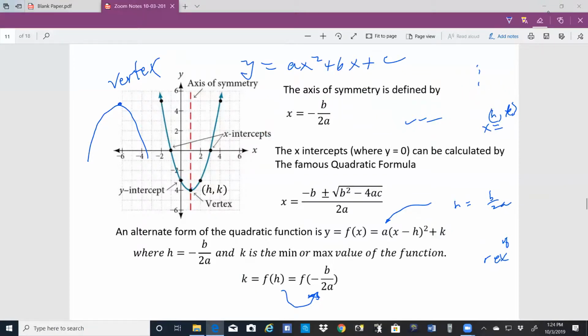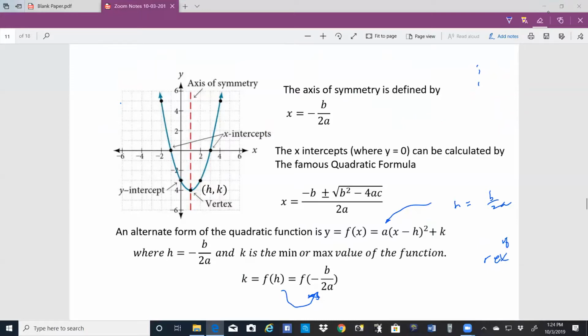The other thing, how many have heard of the quadratic formula? Stephen, have you heard of that? Yes, sir. Okay. Well, a lot of times you had to memorize it. I'm just saying you can have this on the test.